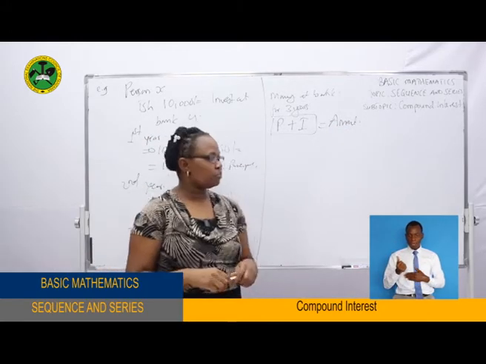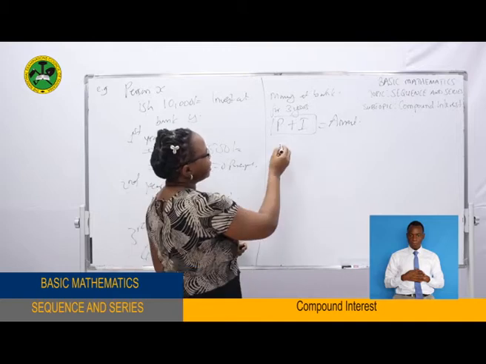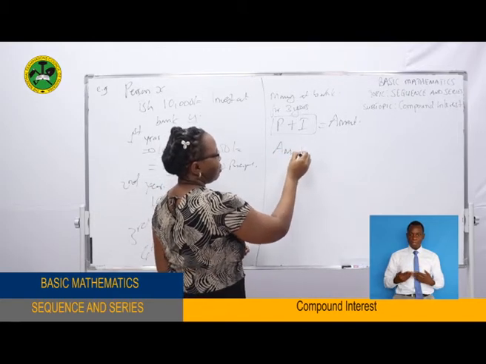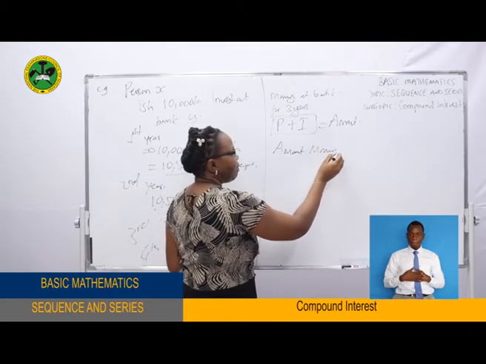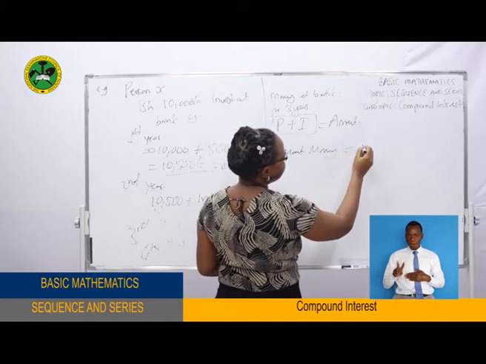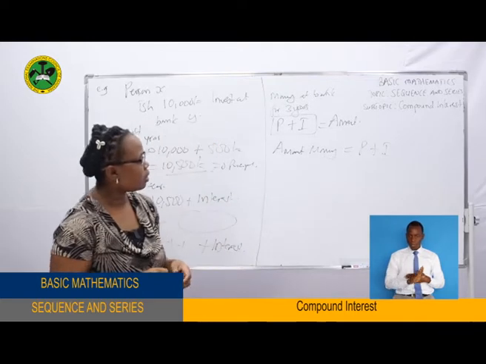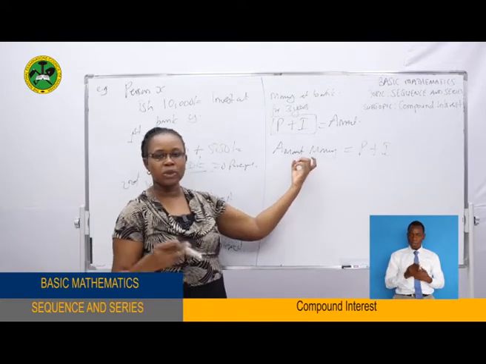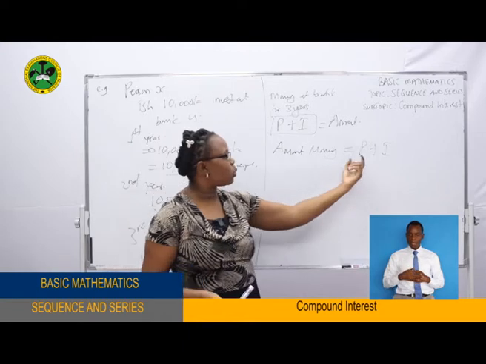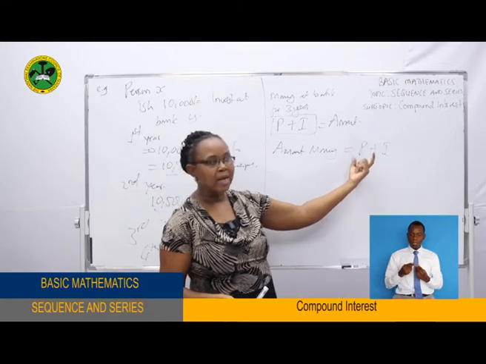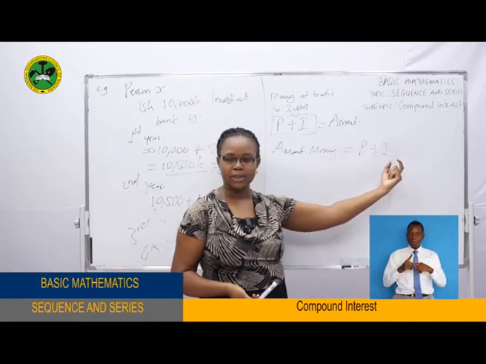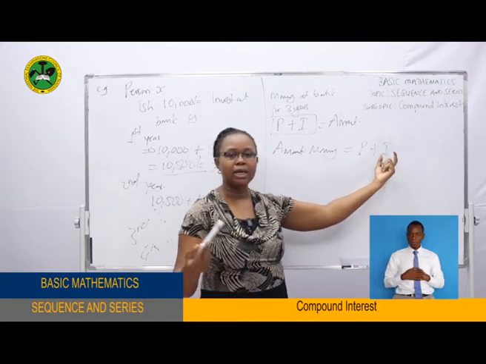My dear students, looking at this amount of money person X has, which is principal plus interest. The amount of money person X has will be equal to P, which is the principal, the money at the beginning, plus the interest after a certain number of years.